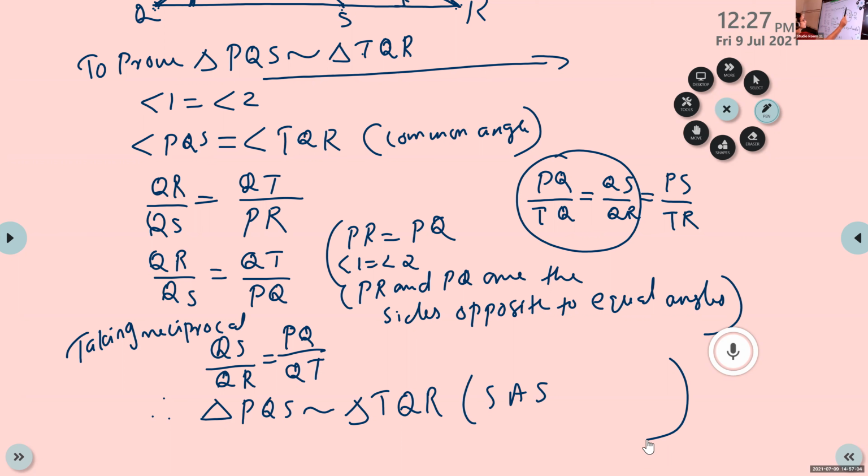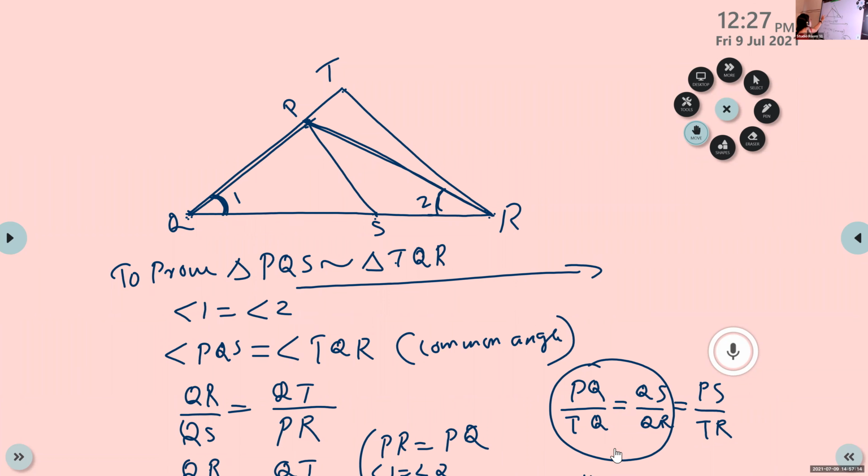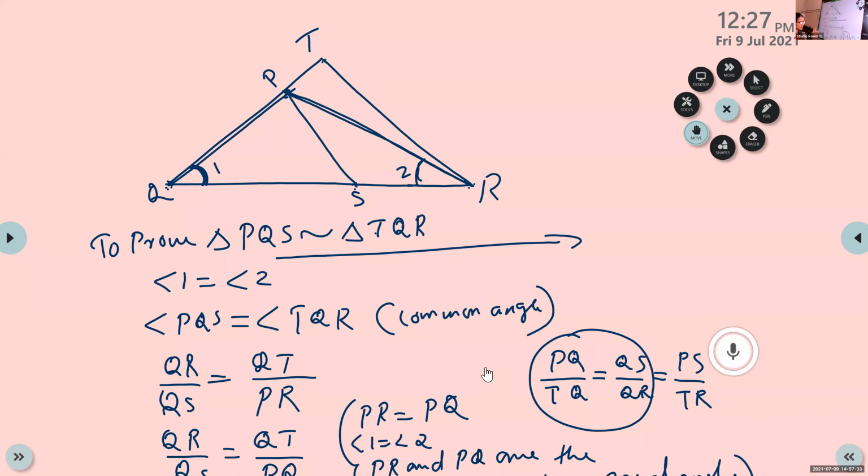Okay, children, I will explain once again. Here we have to prove PQS and TQR are similar. For that, angle 1 equal to angle 2 is given. Also, we have a given ratio, QR by QS and QT by PR. For two triangles to be similar, what ratios do we need?